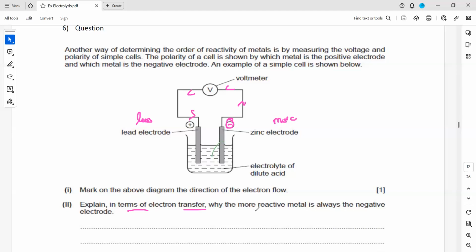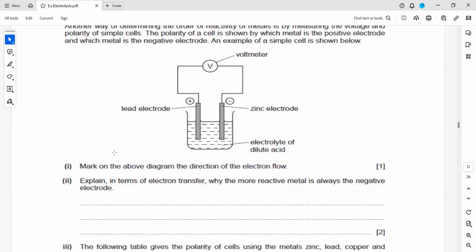Explain in terms of electron transfer why the more reactive metal is always the negative electrode. This is the same question as when I was explaining why the more reactive is the negative electrode. So what is the answer for this? The more reactive metal loses electrons readily, or you can also say easily.